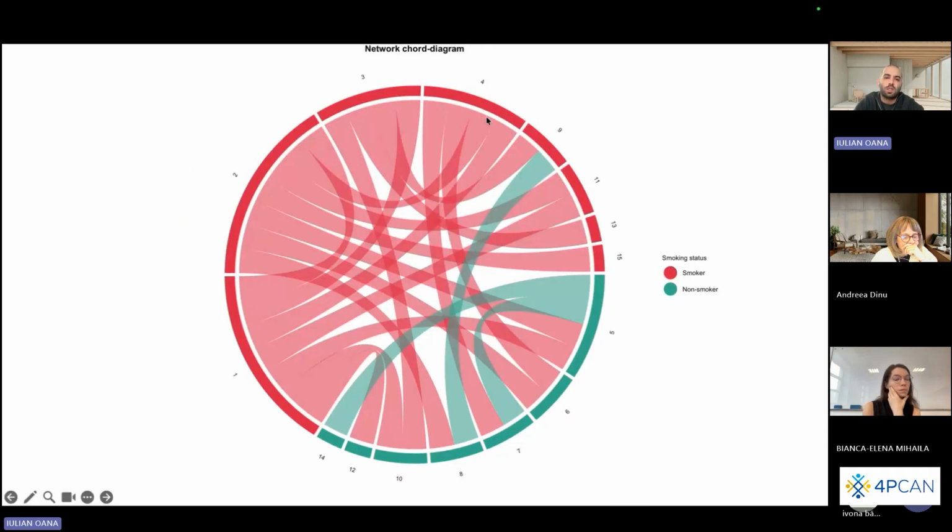And here, if you see, still the nodes are placed in a circular fashion, but this is of that family of rational plots, because I chose, for example, here to put in one place all the smokers, then here all the non-smokers, set the size by the number of ties, and so on.